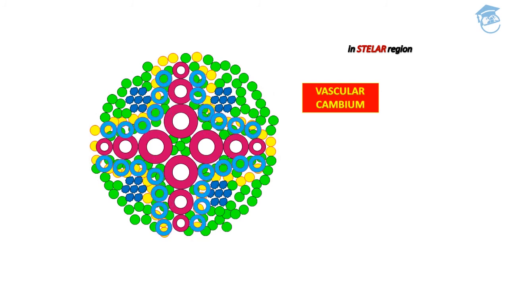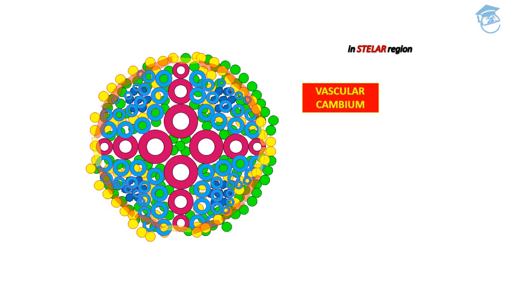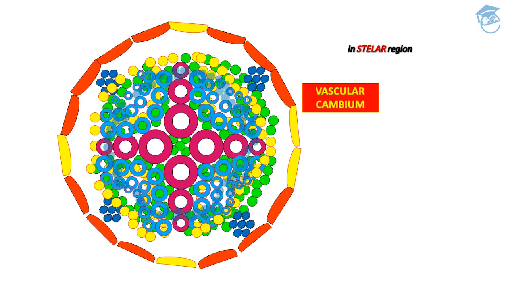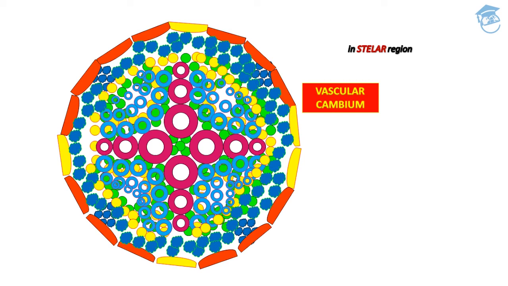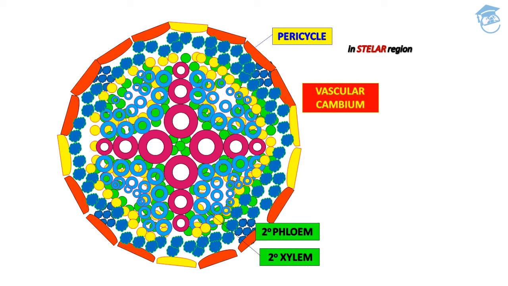See, when pericycle disappears, then it forms like this. So this way it is. This is the secondary xylem, this is the secondary phloem, and this is the pericycle, primary xylem, primary phloem.